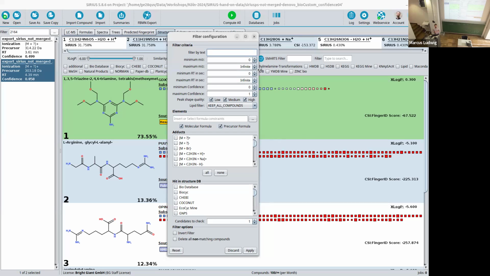And using the molecular fingerprint to score lipids or also peptides is just not a good idea because the fingerprint only says whether the substructure is contained in there or not. So, for example, your peptide bond, yes, it's contained in a peptide, but it doesn't tell you how many of these bonds are in there.